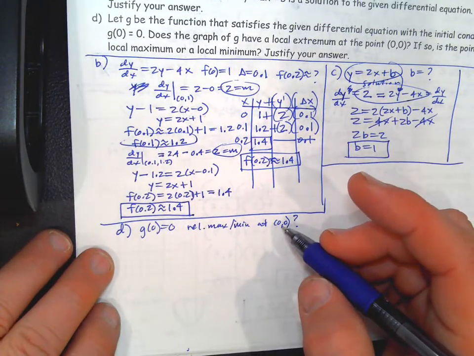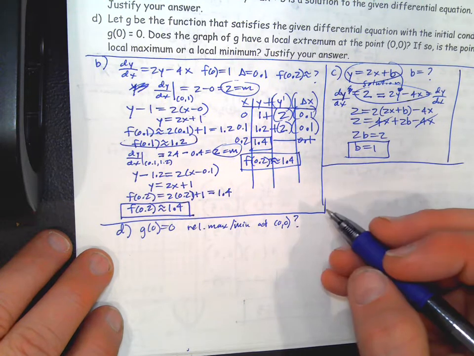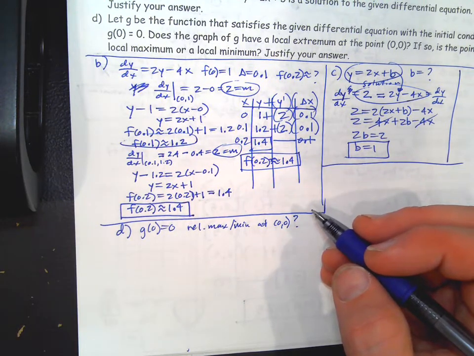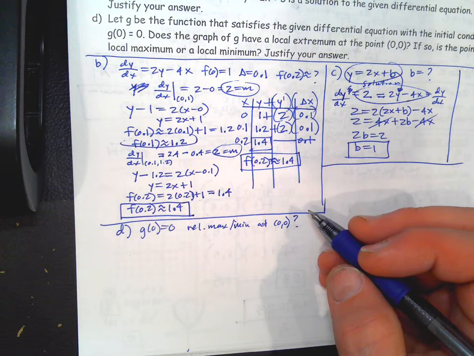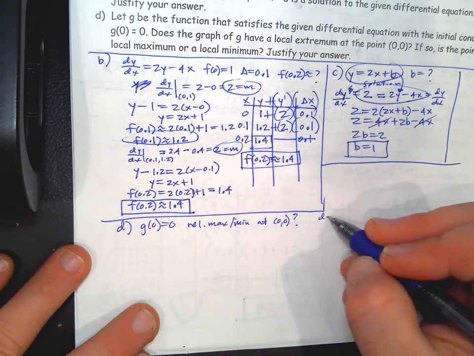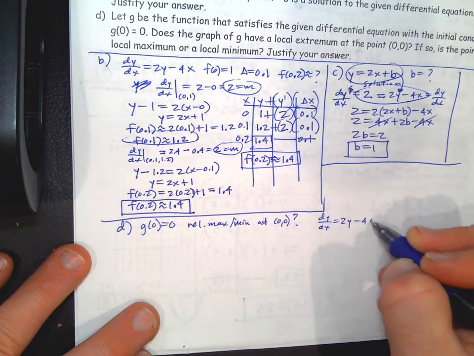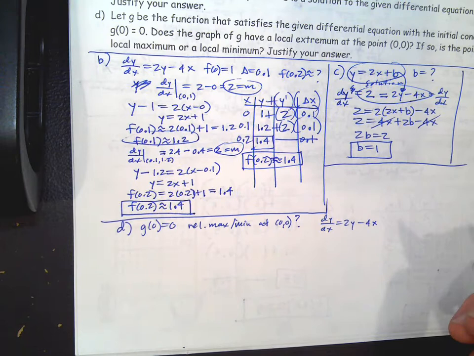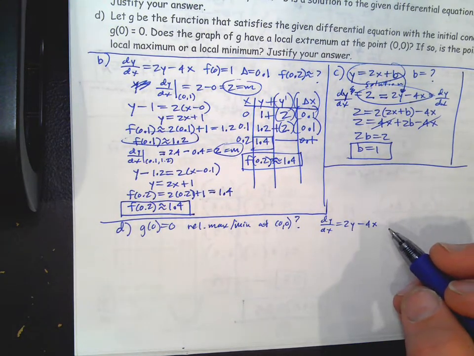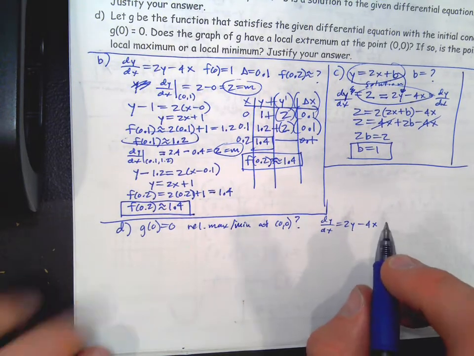Usually the way we find relative maxes and mins is with the first derivative test, which is a line check. The only problem is that our derivative has x's and y's in it, so we're not going to be able to do a line check with this. So maybe we need to rely on the second derivative test.